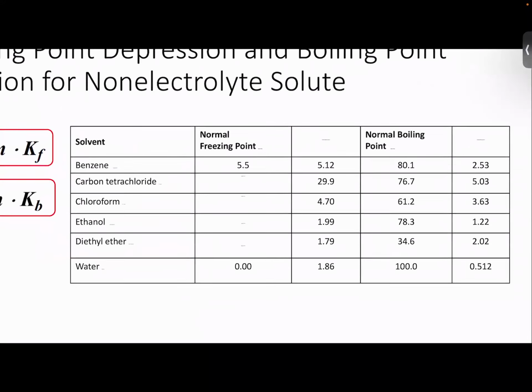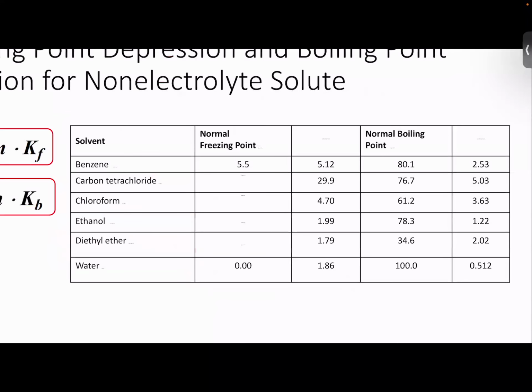In this table, this first piece is the Kf, and this other one is the Kb. Again, they are constants. You will be given the constants. These constants have the units of degrees Celsius per molal.